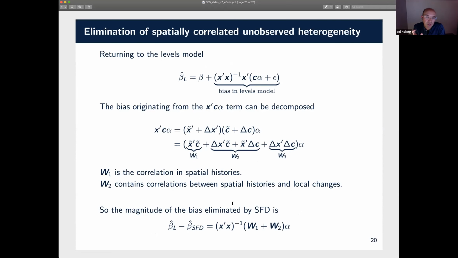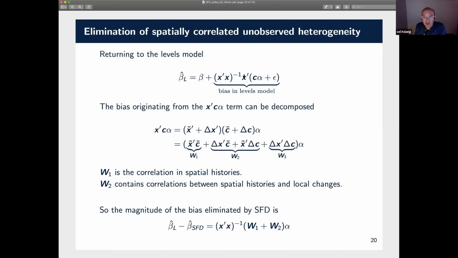To think about what that means formally, it's useful to decompose the form of the bias that we see. What I've written at the top here is the estimated coefficient in the levels model, like we saw before, which is equal to the true beta plus some bias due to the correlation between the x's we see and the c's that we don't observe.